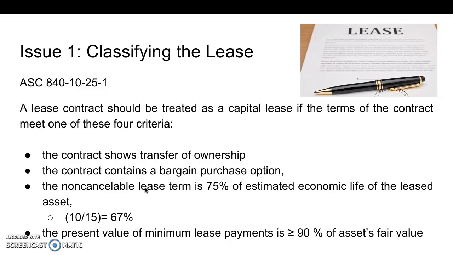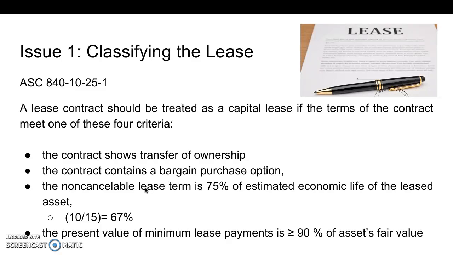The first criterion is if the contract shows transfer of ownership by the end of the lease term, then the contract is classified as a capital lease. This criterion does not apply in our lease terms. Let's look at the second criterion. The second criterion is if the contract contains a bargain purchase option, then we can classify it as a capital lease.